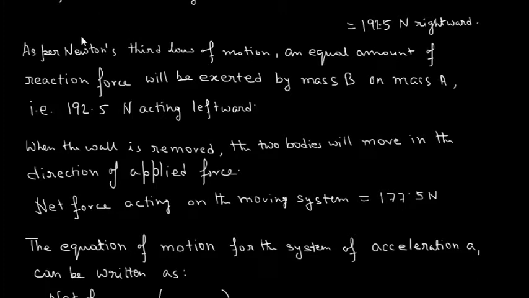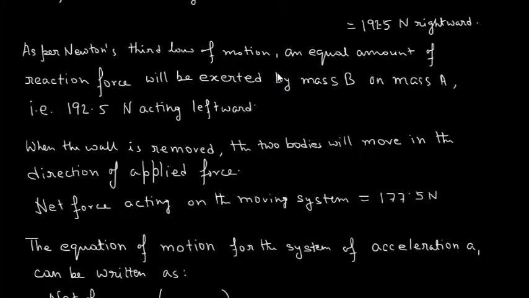Now as per Newton's third law of motion, an equal amount of reaction force will be exerted by the mass B on mass A, that is 192.5 Newton acting leftward. When the wall is removed, the two bodies will move in the direction of the applied force.